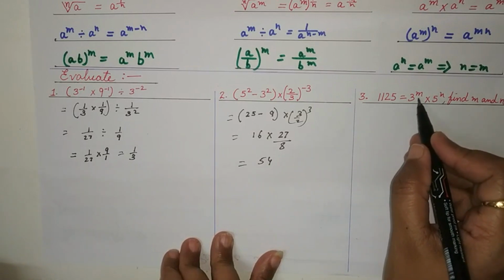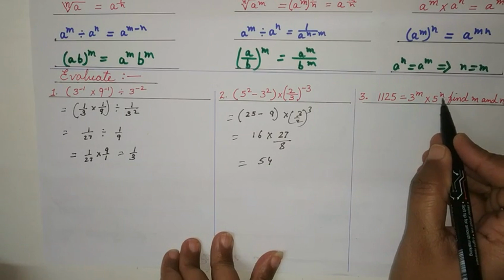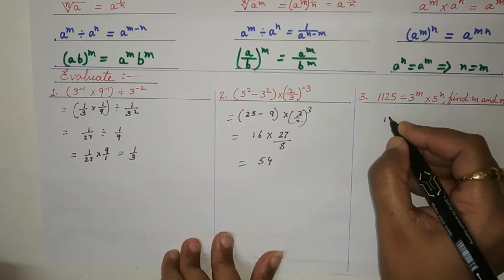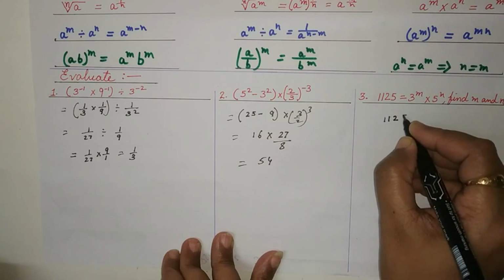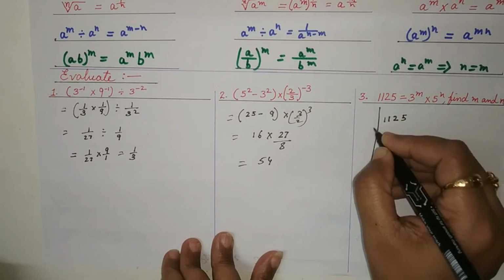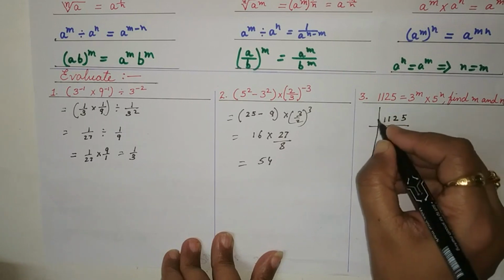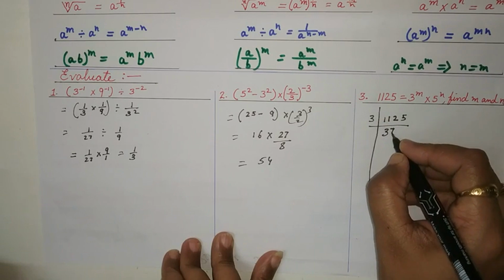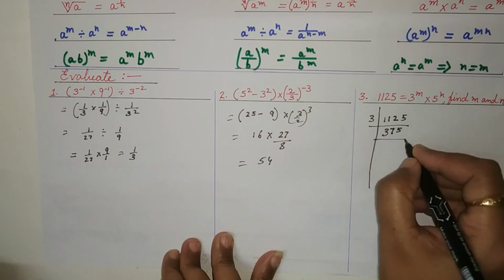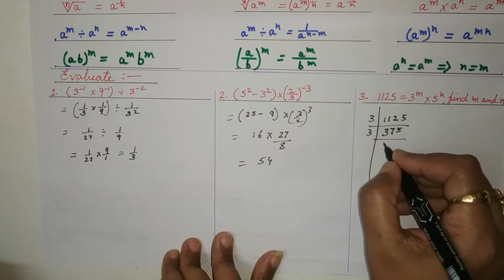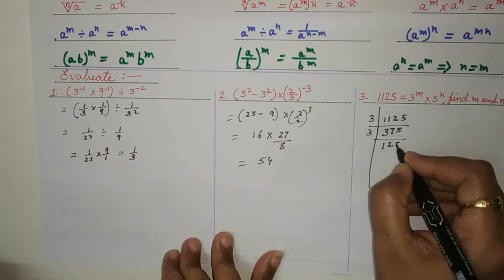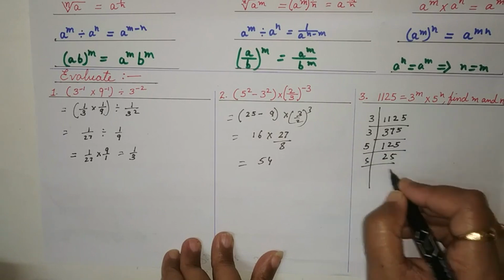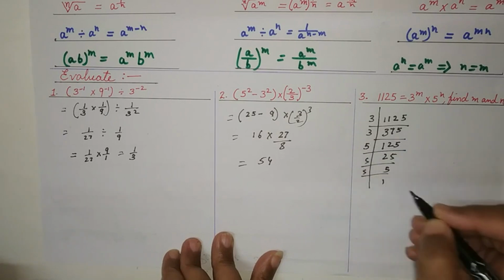1125 is equal to 3 to the power m into 5 to the power n. We don't know the power, so we have to find out. So what do we do? We find the factors. 1125 divided by 3 is 375, again 3, 125, then 5, 25, then 5, 5 and 5, 1.